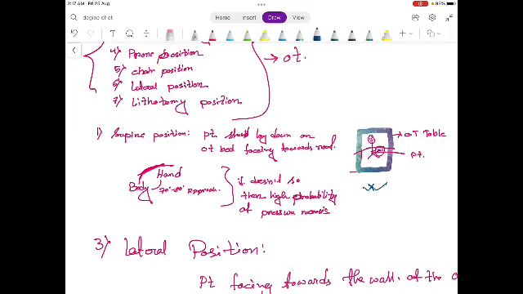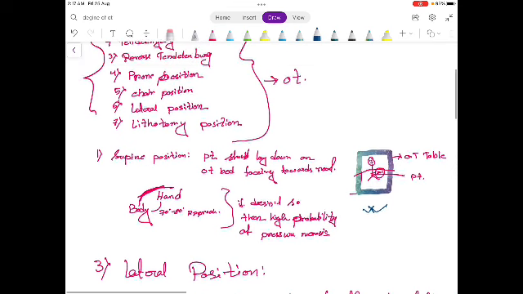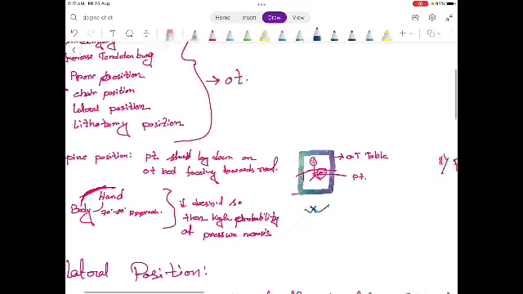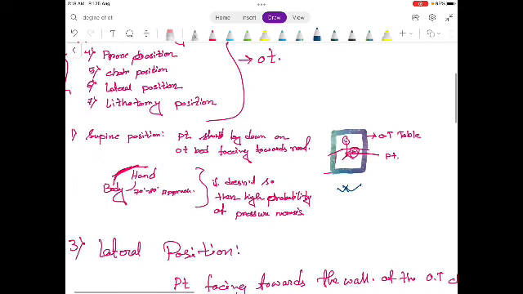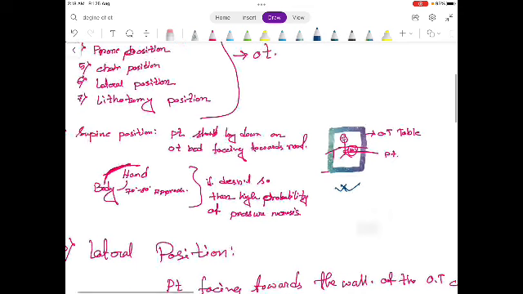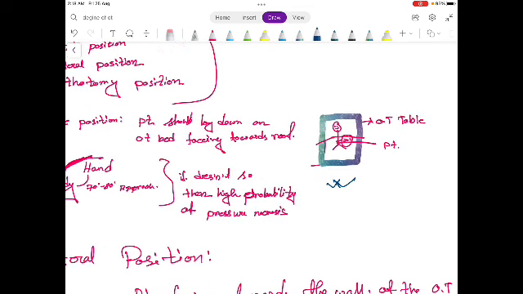We know the details from before, but right now we will cover a couple of OTs which use the supine position of the patient.